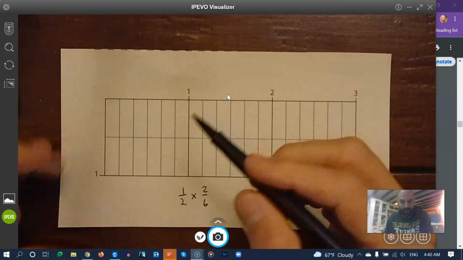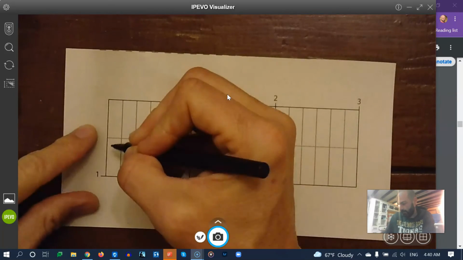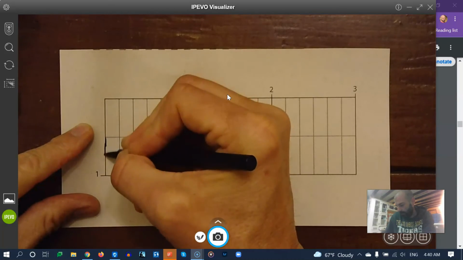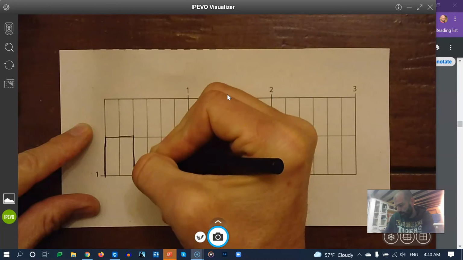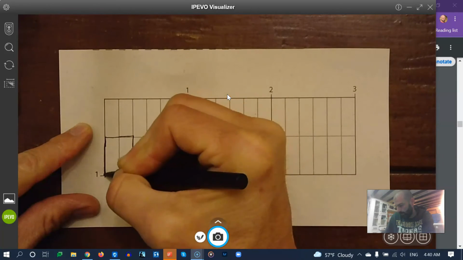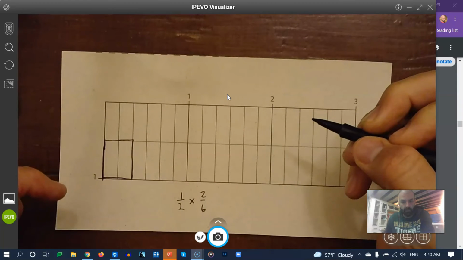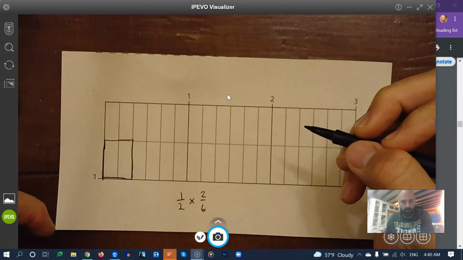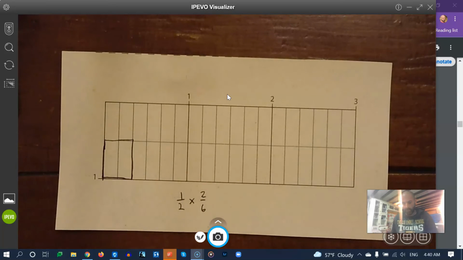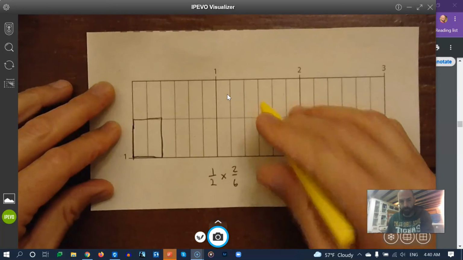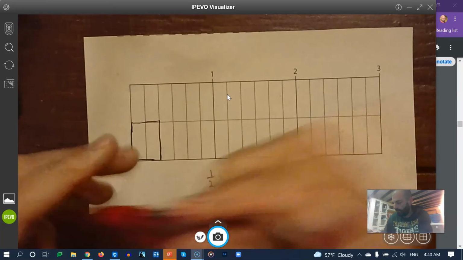Now, you need to outline it in black. So I have 1/2 by 2/6. And then you need to color it in. The color of your choice. I'm going to use red.